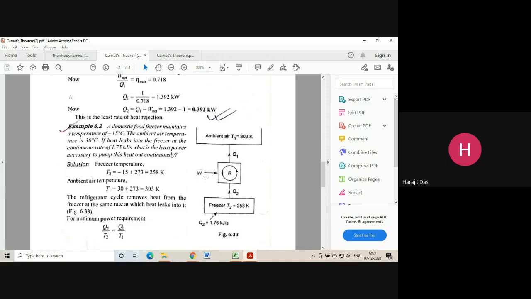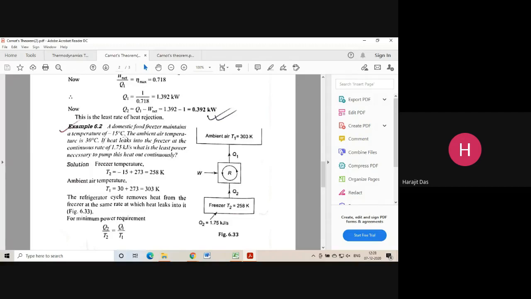So this amount of work is done, means this amount of power is introduced to the refrigerator, and that is why this Q2 amount of heat is taken out, and this Q1 amount of heat is rejected. At the same time it should operate between two sources, isn't it? This one is the first source, this one is the other source or sink, whatever you say. So from here heat is taken and from here it is rejected, otherwise this W will be obsolete.